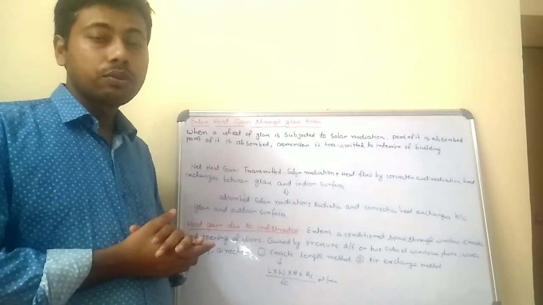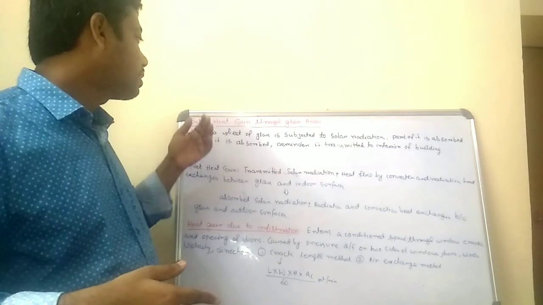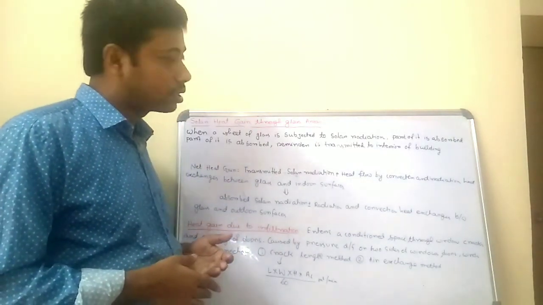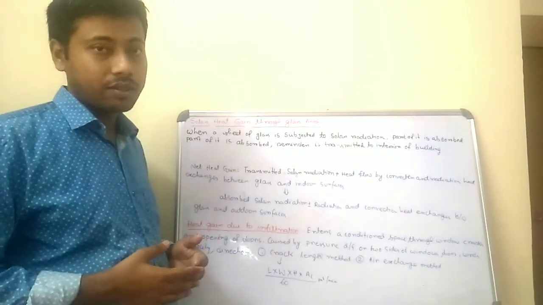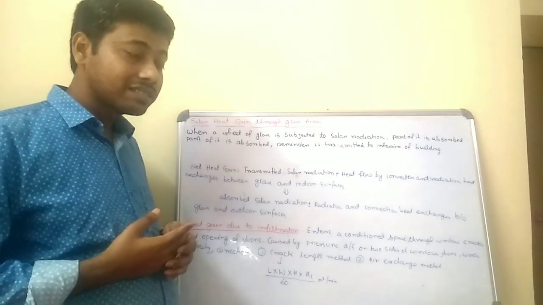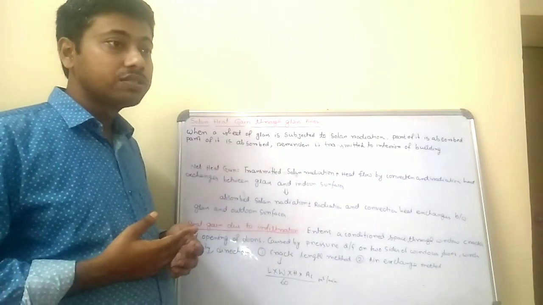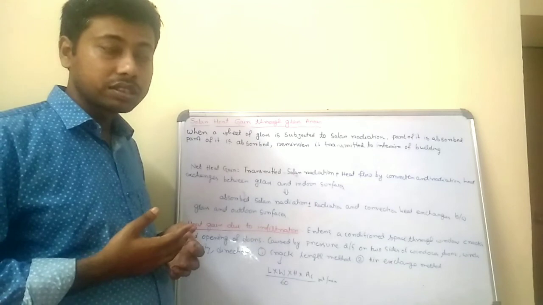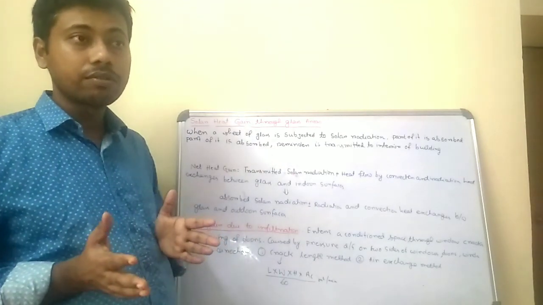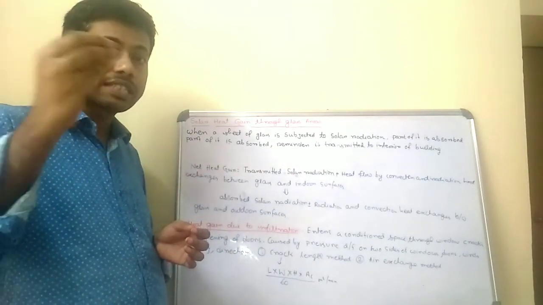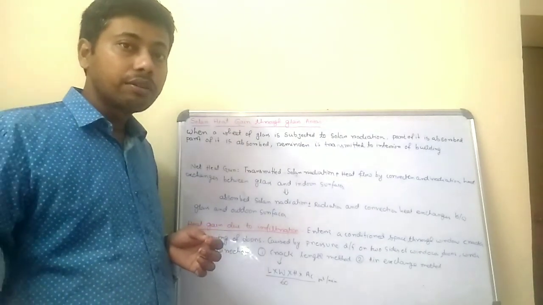So by this means, some solar heat gain occurs through glass areas. There are maximum chances of heat transfer by either the convection or radiation method when solar radiation or solar intensity falls on the windows.